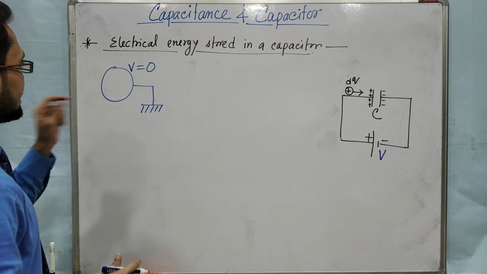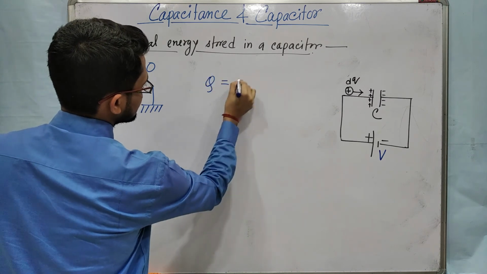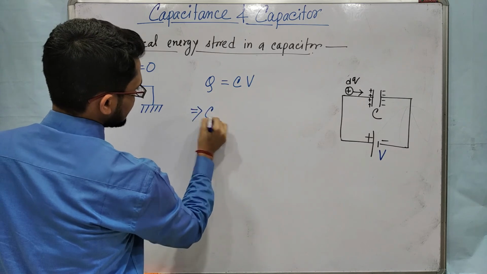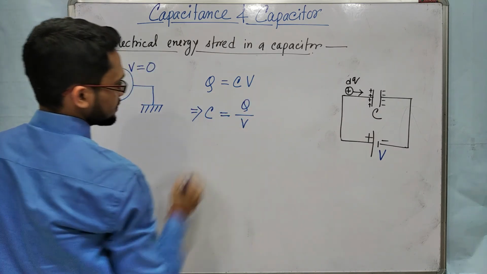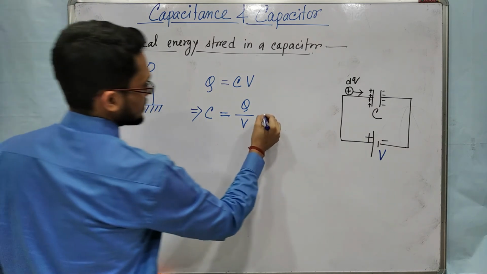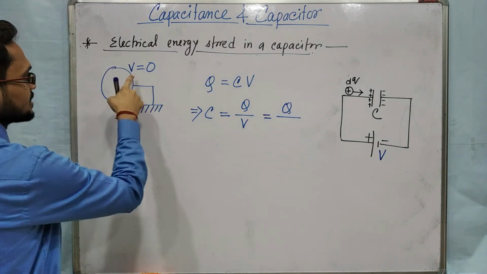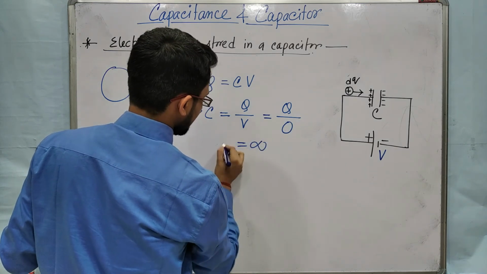Okay, and we know that Q equal to C into V. Then C, the capacitance of this conductor, equals Q by V. Now if you place some charge on this conductor, then Q is present there. As it is grounded, V will be 0, so Q by V is infinity.